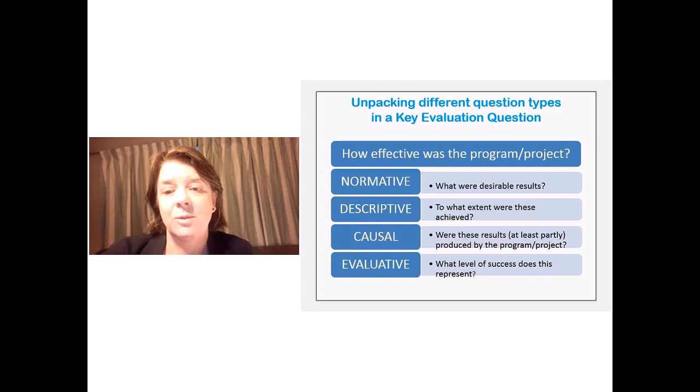You need a causal question linking those results to your program, and then you need an evaluative question about what level of success does this represent, and it's, you know, did we meet our target, and how does that balance out with perhaps some unintended effects that might have not been positive.